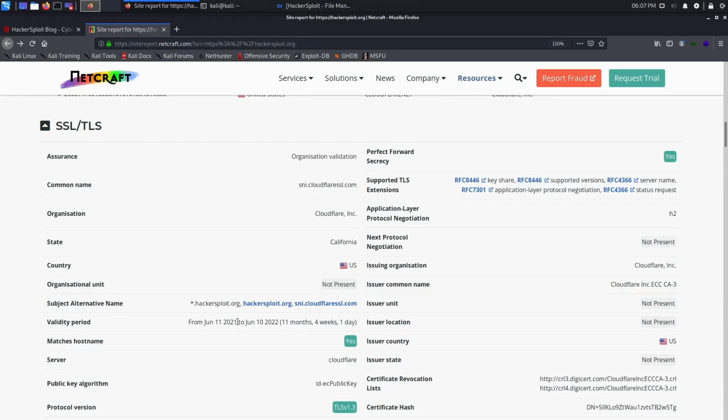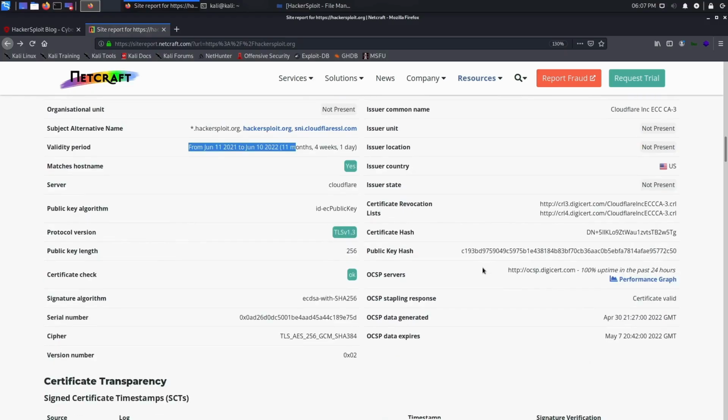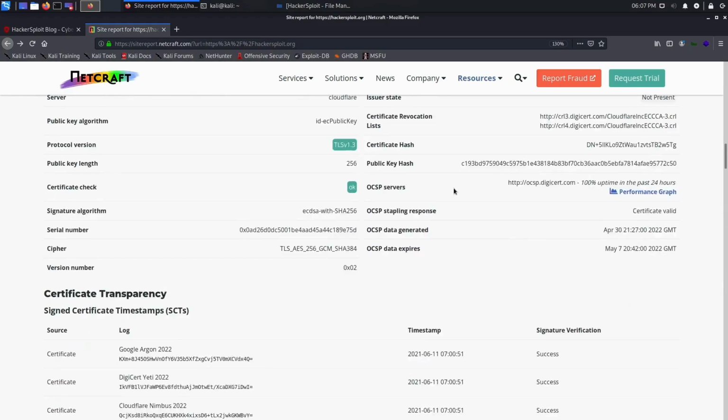That's really weird because this is valid from the 11th of June 2021 to this year on June the 10th. So there we are. That's the SSL/TLS certificate information. One thing that's really important, as I said, is of course the validity period, who has issued it, and of course the issuer country there. In this case, it's still valid, which makes sense.